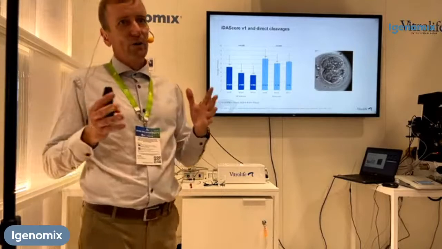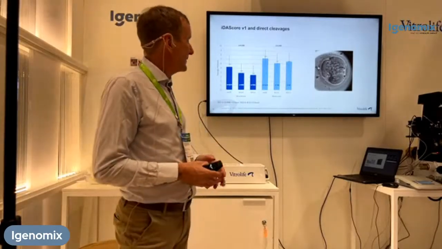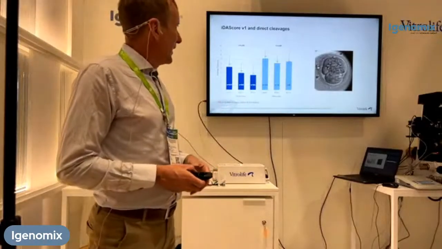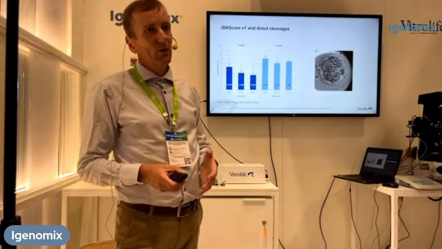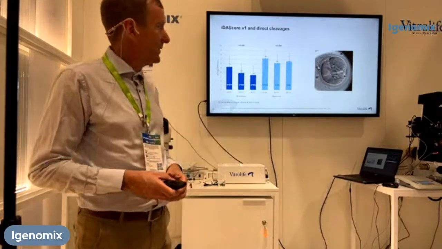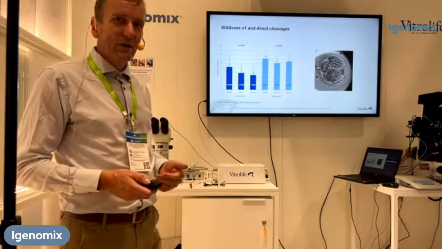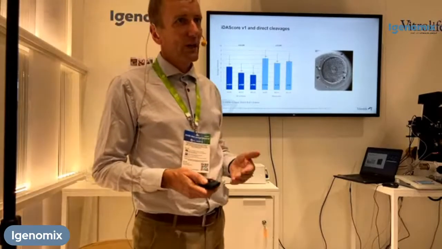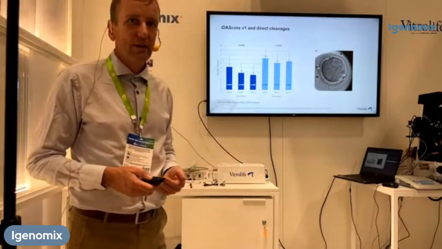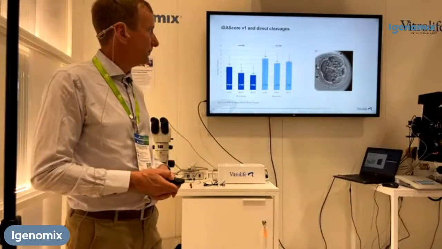And if we narrow that down to only considering the blastocysts, then we have the same pattern. We still have a very high score for embryos without direct cleavages that is significantly higher than embryos that have direct cleavages. So again, the iDAScore has learned something about direct cleavages. It knows that this is not good, so it ranks them lower.